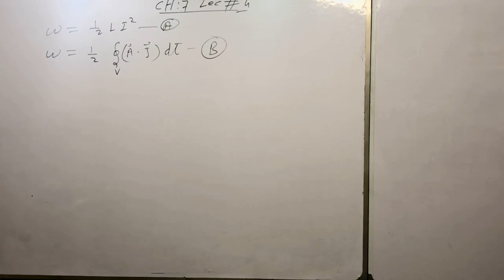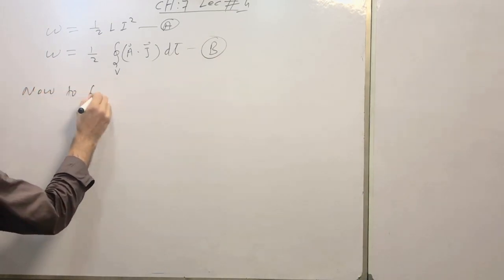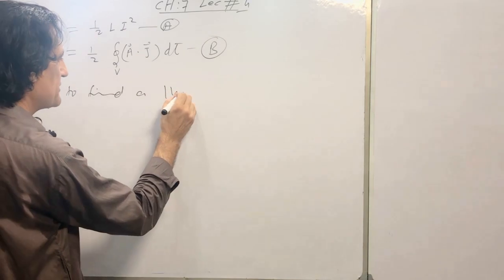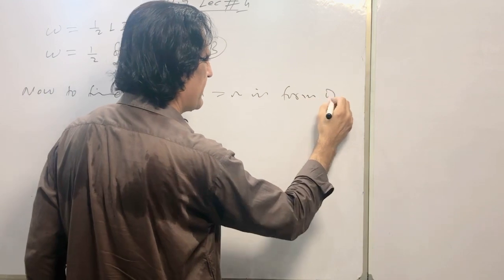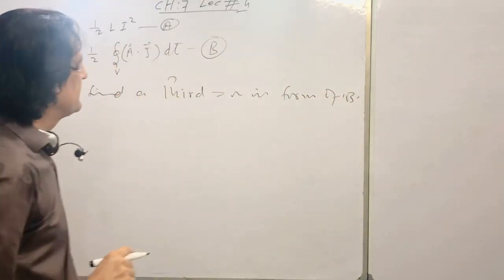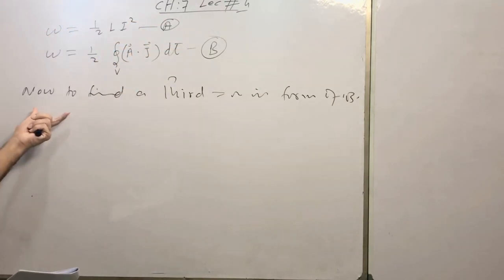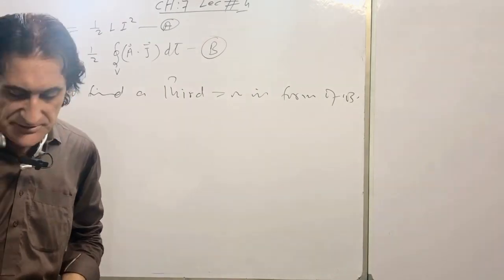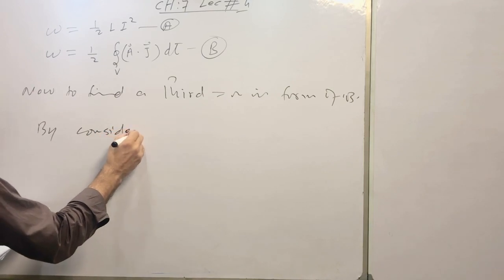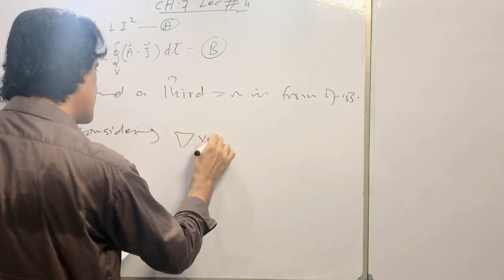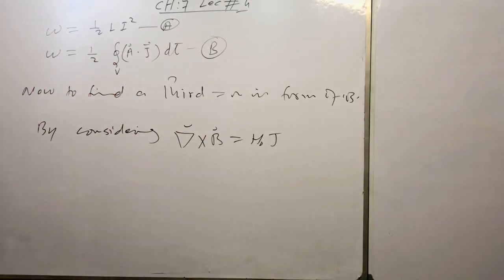Now to find a third equation in terms of B, the magnetic field. Already we have calculated two equations, equation A and equation B. Now we are interested to find the third equation in terms of B by considering del cross B equal to mu naught J. This is Ampere's law, the differential form.